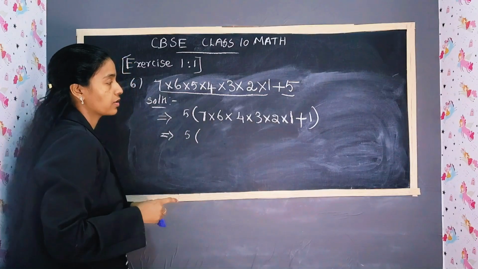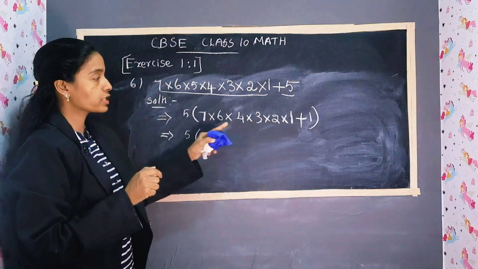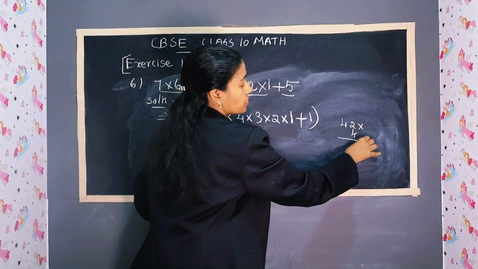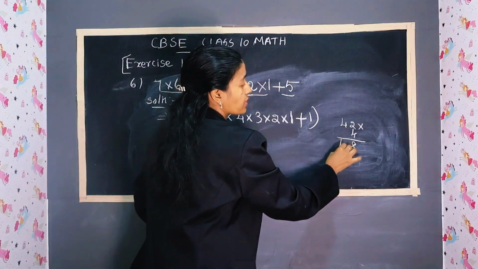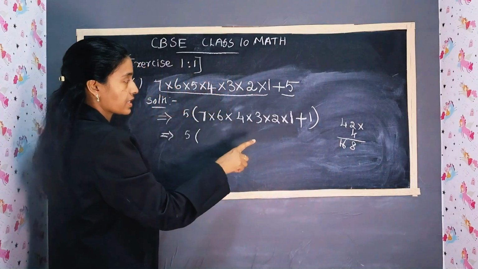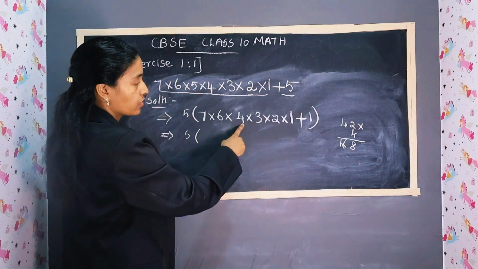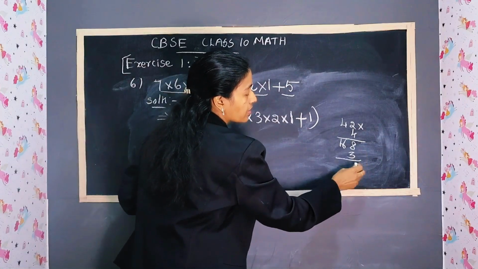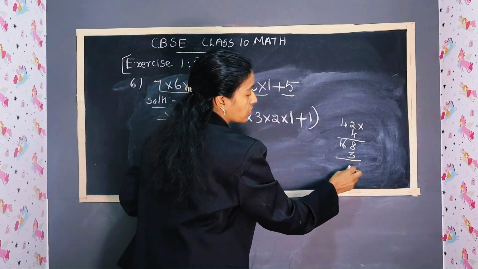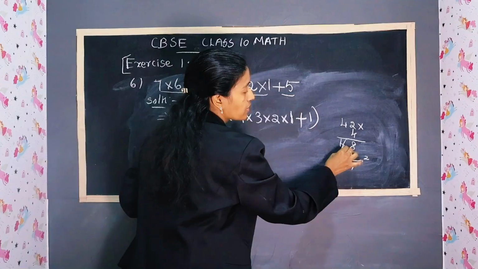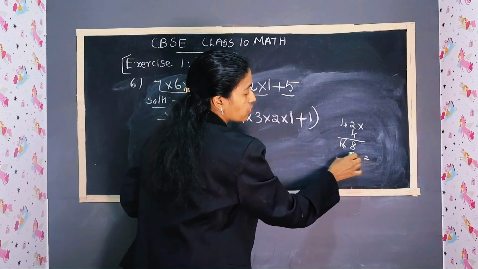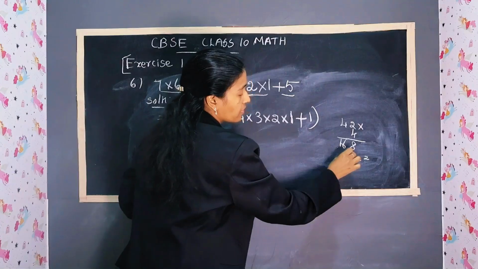7 into 6, 42, right? 42 into 4. 4 2s are 8, 4 4s are 16. 168. Then 168 into 3. 8 3s are 24. 6 3s are 18. 18 plus 2, 20. Remaining 2. 1 3 is 3.